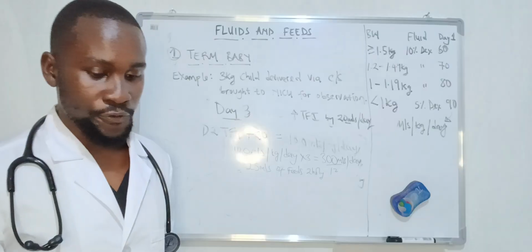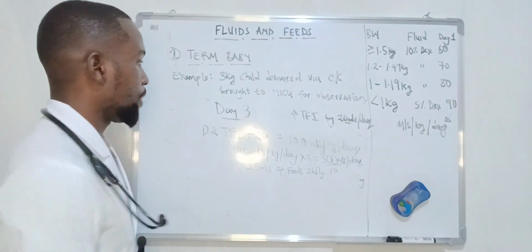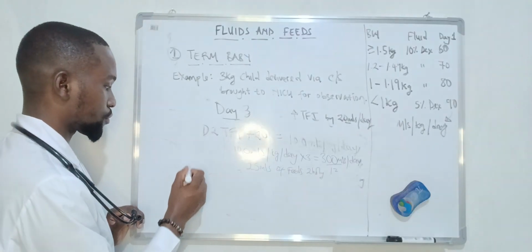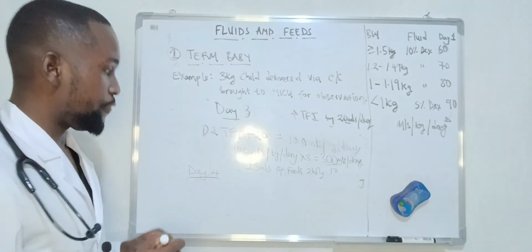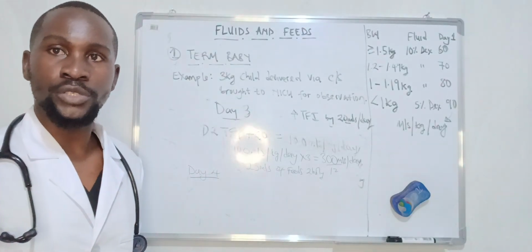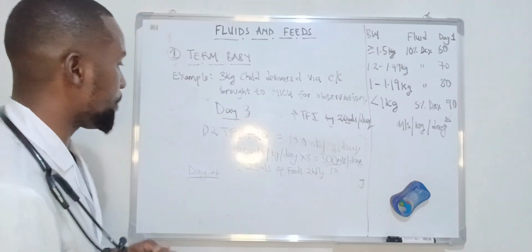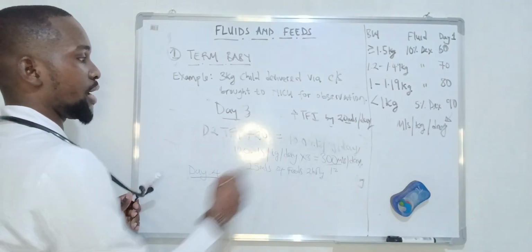Then what do you give on day 4? On day 4, what is the child supposed to receive? Remember, we increase by 20 again.